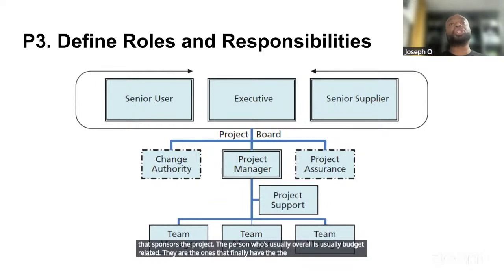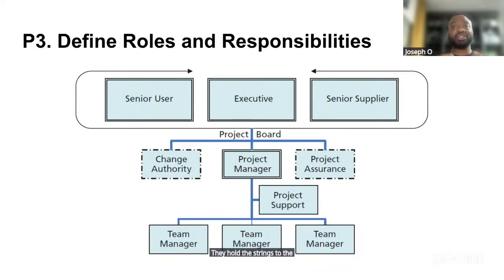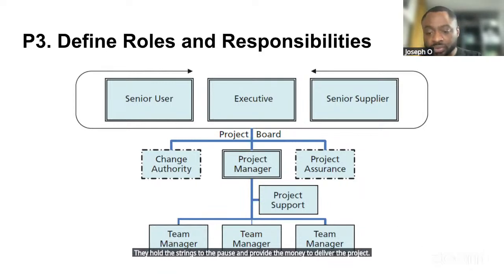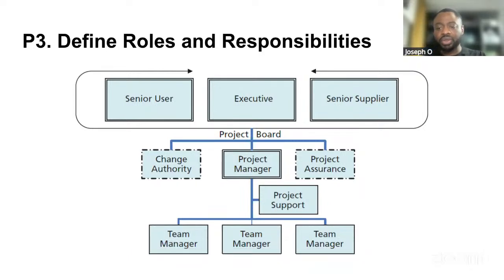They hold the strings to the purse and provide the money to deliver the project. They hold the purse to the budget for the project.